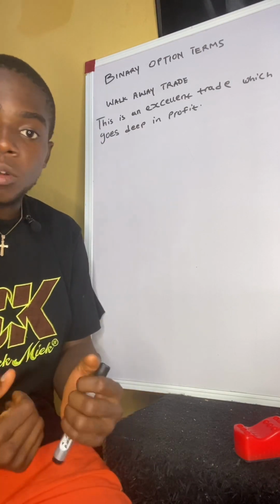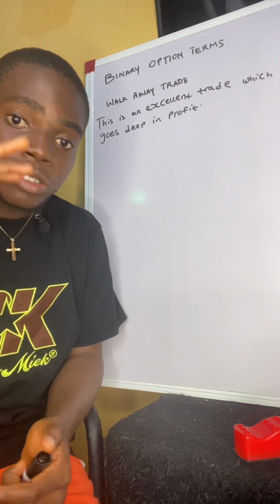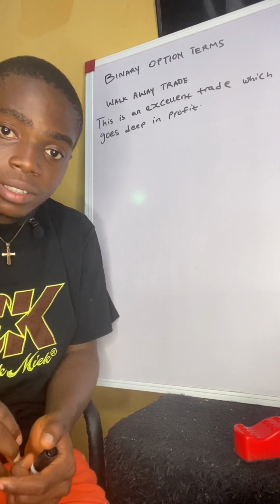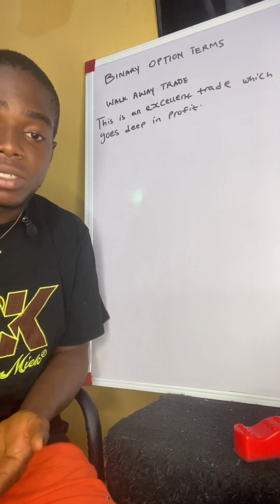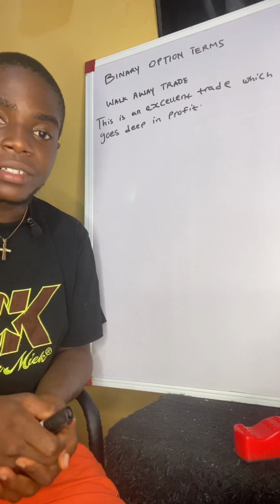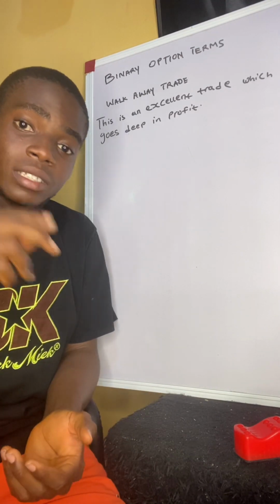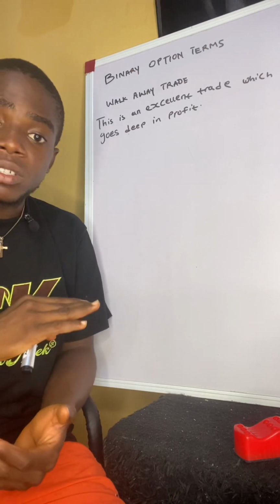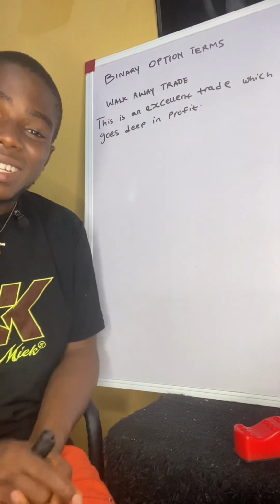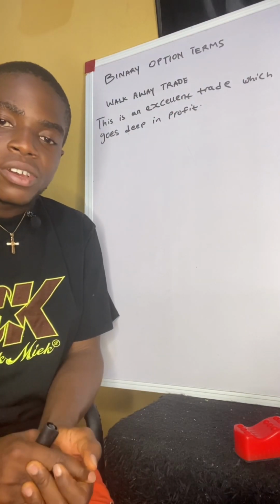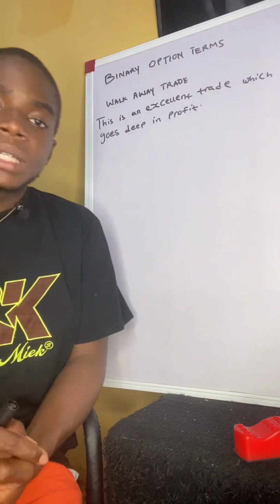Most times, when your checklisting is complete, everything goes perfectly and you get a walk away trade. You can even go out and get something, come back, and the trade is still in profit. That is a walk away trade. When your checklisting is completely correct, everything is complete, without missing anything, you gain a walk away trade. It's an excellent trade that goes deep in profit. It's going to help a lot, guys, in the practical aspect. Let's go back to our next term, guys.